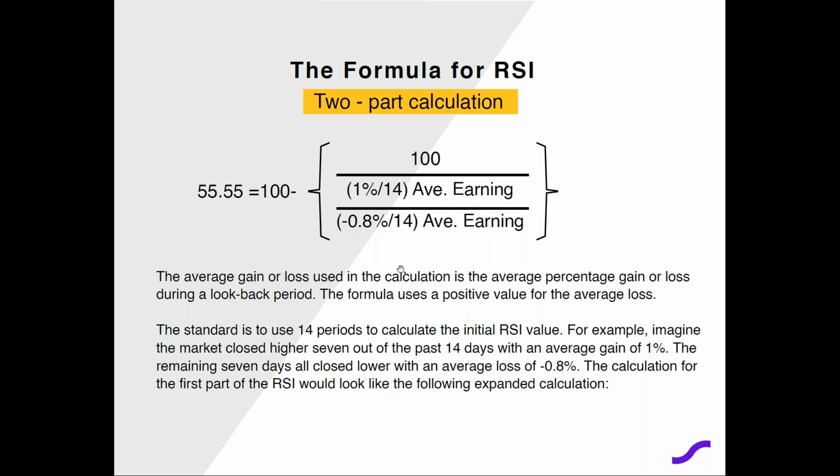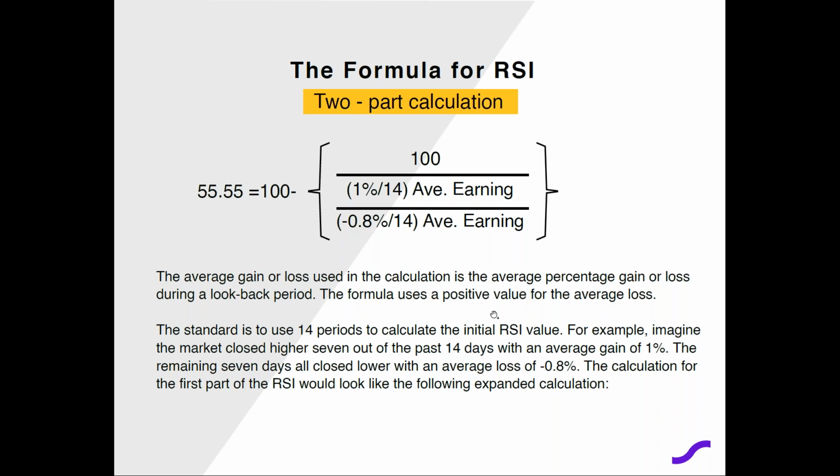If you calculate these together and get the average winning and average losing days for that instrument, you will come up with the formula on top. And using the 100 level, which is the highest level on the RSI, it will give you a calculation, which here we can see the RSI is 55.55.